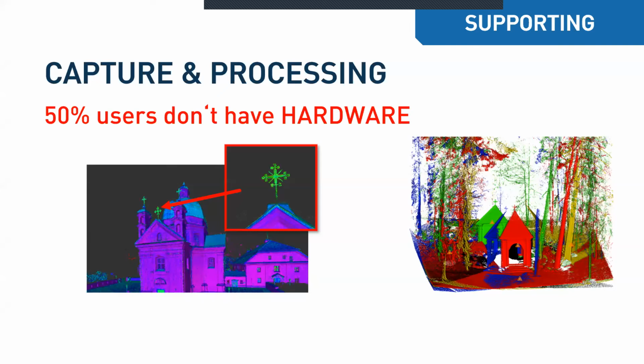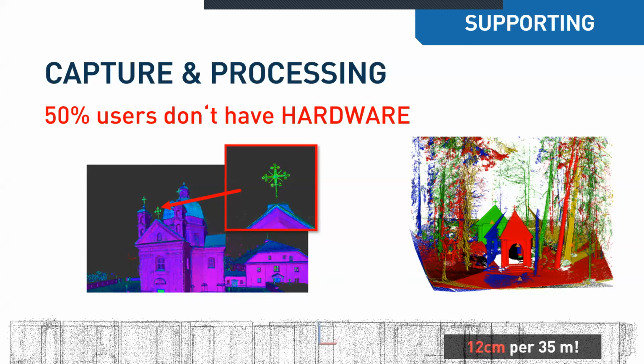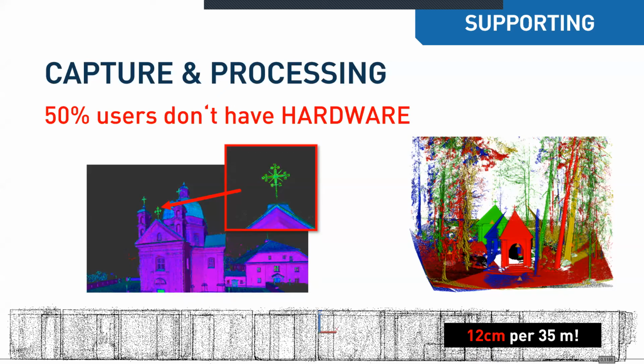So we also have solutions to help users with registration. Some customers send the raw data directly from the scanner, and we register it for them. And another thing, point cloud is point cloud, but you need to make sure that it is leveled and is a real point cloud object without any deformation.